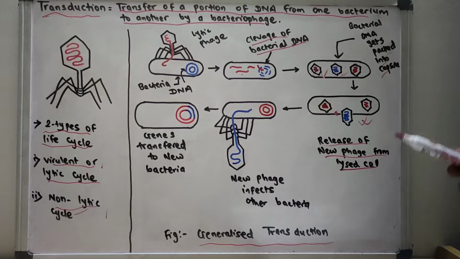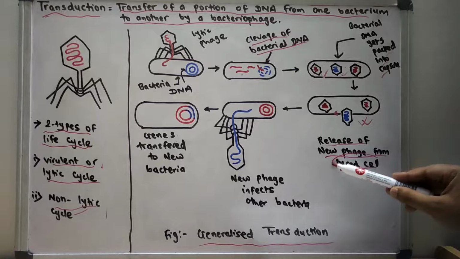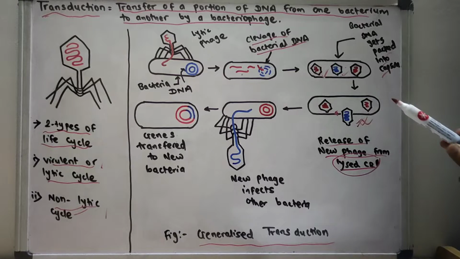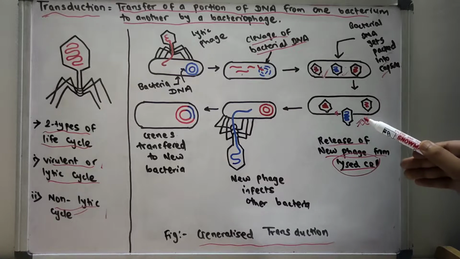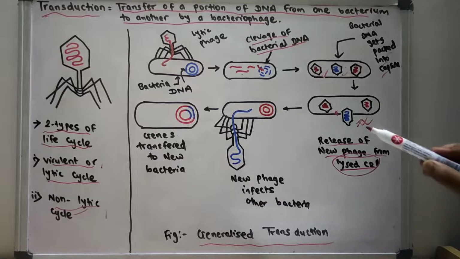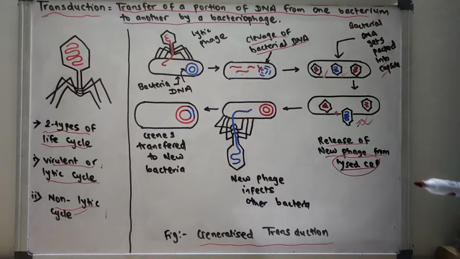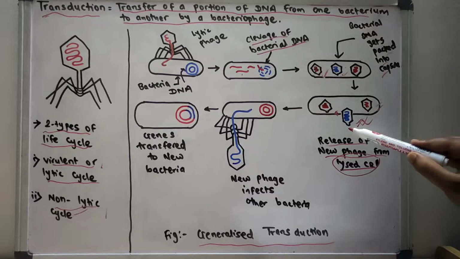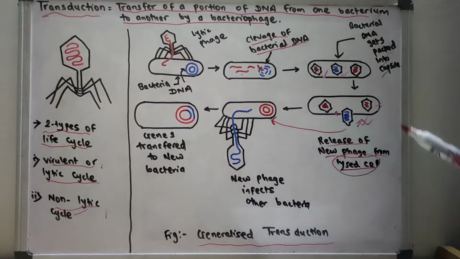The released particles may be capsules containing the genetic material of the bacteria also, so these could be any capsules. After the release of the new phages from the lysed cells, they infect another bacterium.